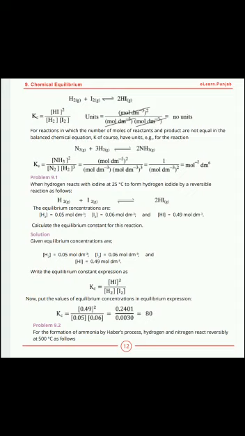Kc is equal to, by putting the unit of NH3, mole per decimeter cube whole square, in the denominator mole per decimeter cube into mole per decimeter cube whole cube. By cancelling the units, the answer is per mole square decimeter to the power 6.